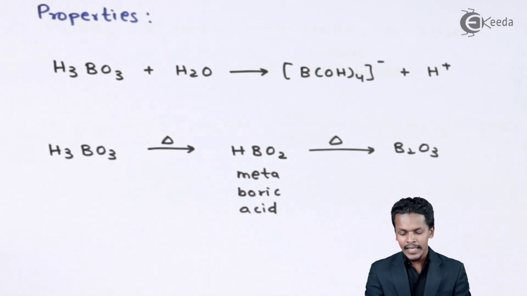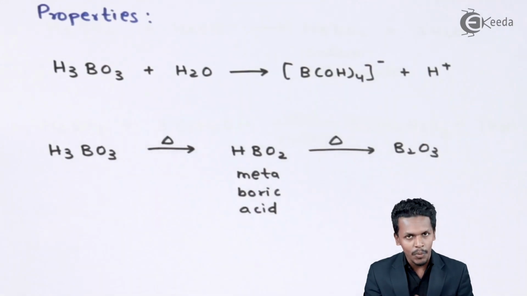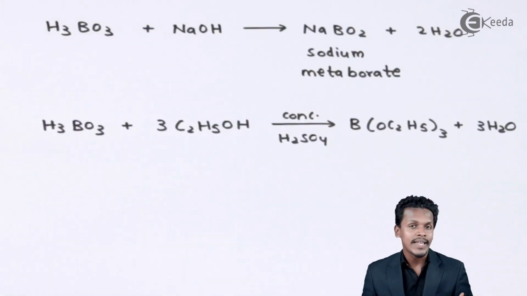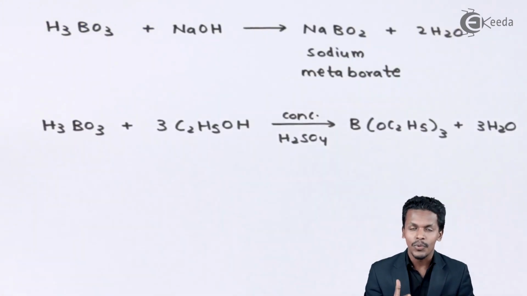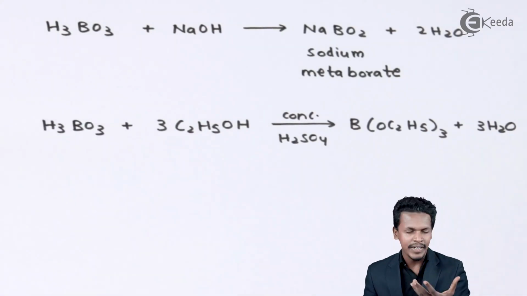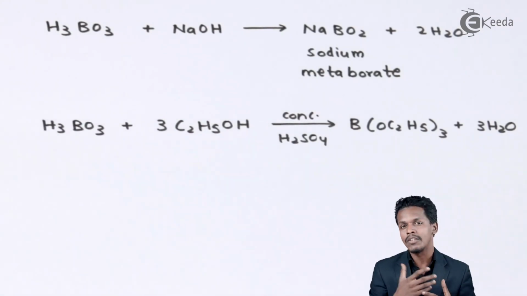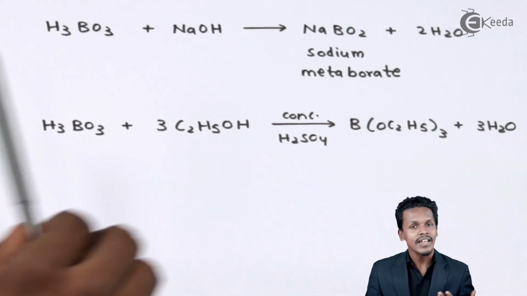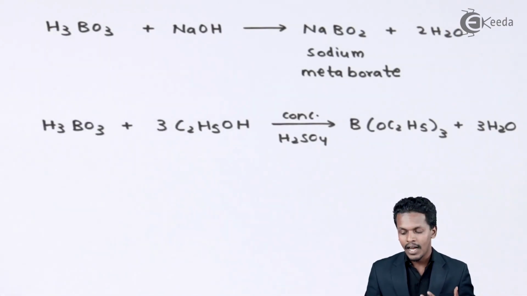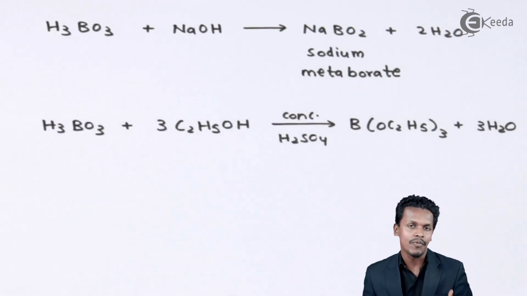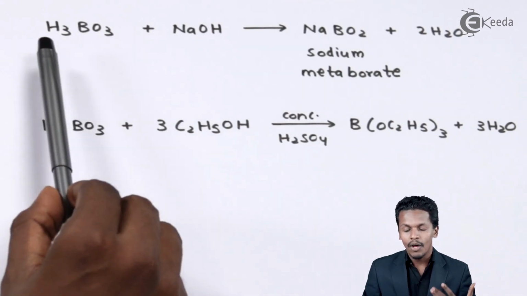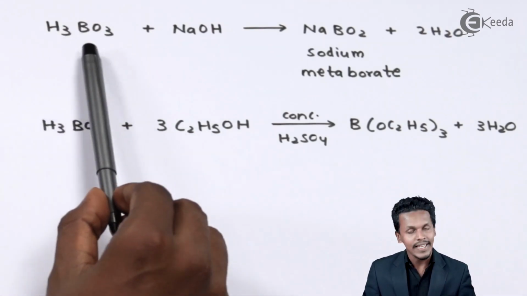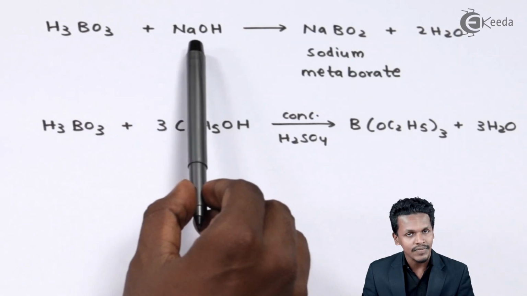But there are also different properties that could be exhibited by orthoboric acid, and those are as follows. Since orthoboric acid can react with a base, a salt will be produced. Similarly, in this reaction, we are going to talk about how the formation of salt takes place whenever orthoboric acid, that is H3BO3, reacts with a base like NaOH, which is a strong base.